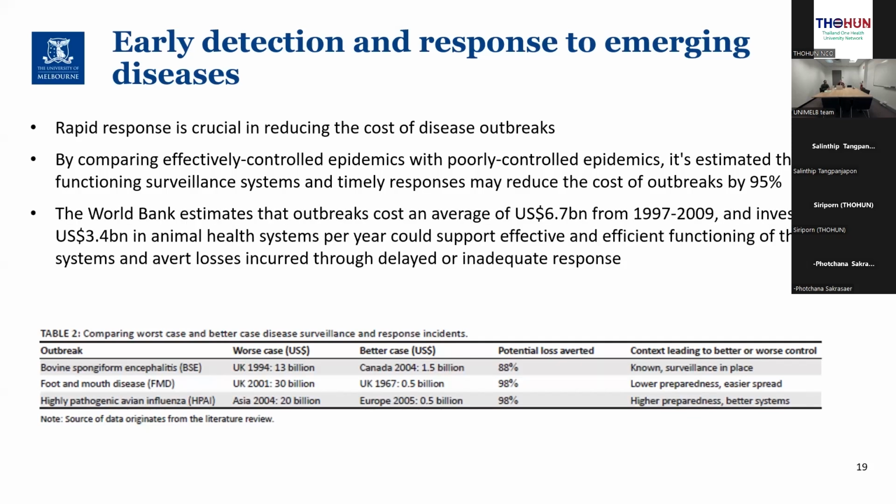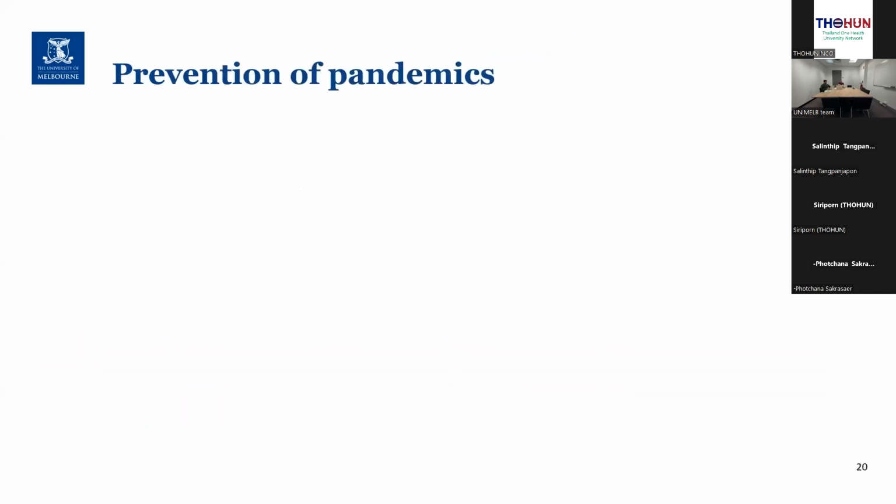So potential losses averted are about 95%. So here the World Bank estimates that outbreaks cost an average of about 6.7 billion US dollars. As we know, that number is a lot bigger now. And investing just 3.4 billion in animal health systems per year could support effective and efficient functioning of these systems and avert losses. So this 95% reduction in cost amounts to about $6 billion saved per year.